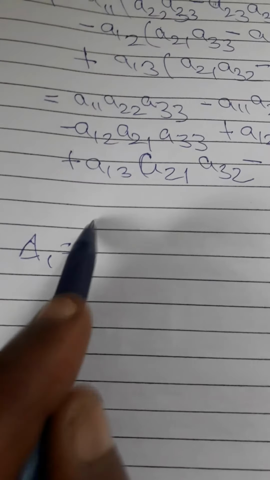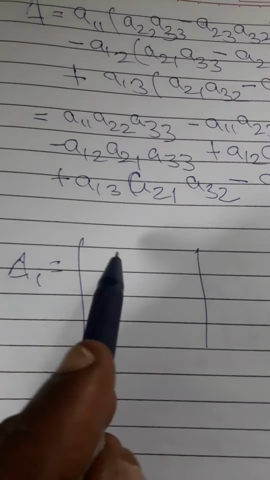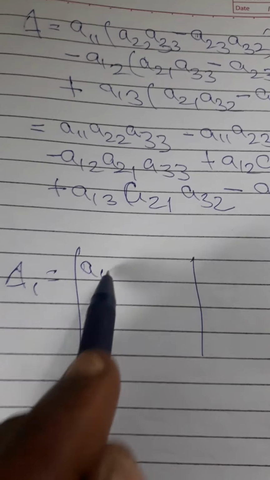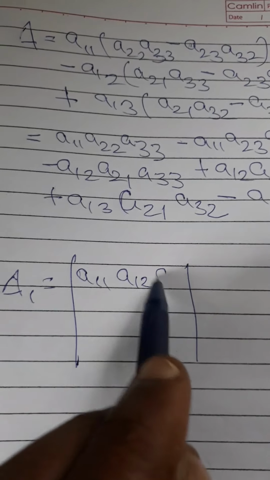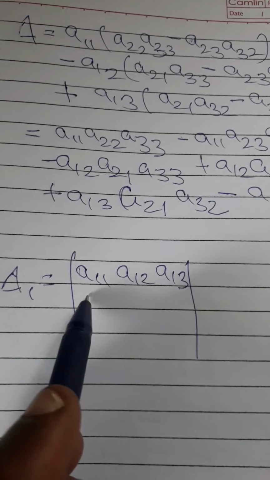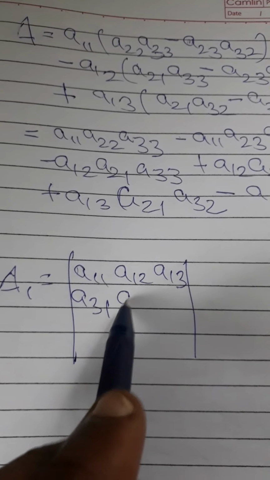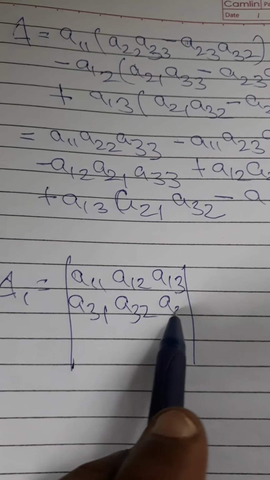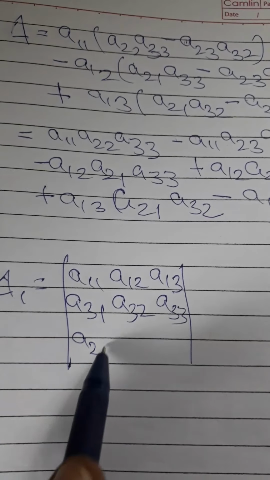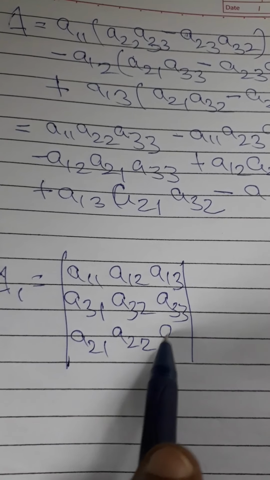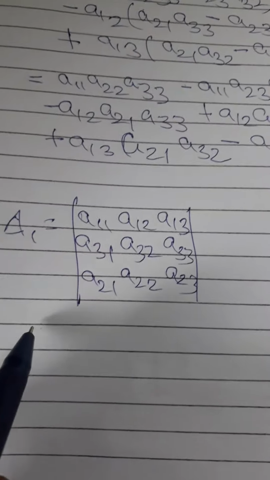Now interchange R2 with R3. R1 will remain as it is because you are interchanging any two rows. So the rows are a11, a12, a13, a31, a32, a33, a21, a22, a23. Now expand this.